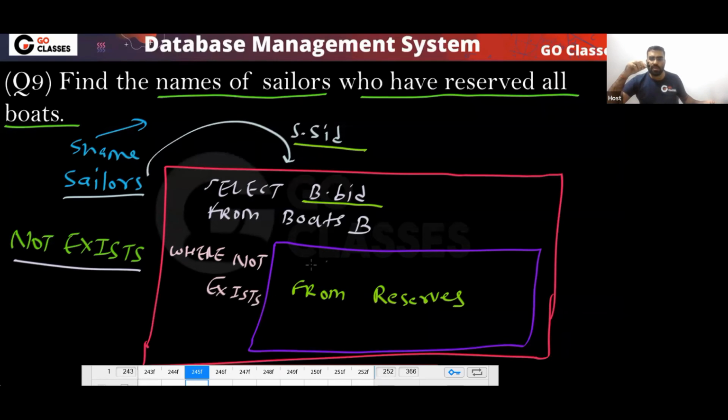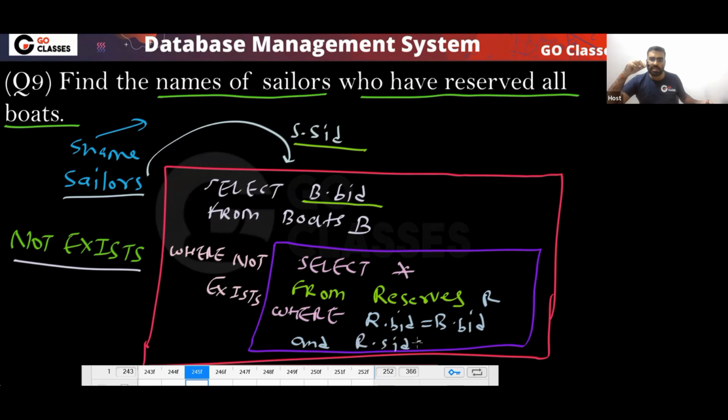Which type of record? From R, select star where R.BID is equal to B.BID and R.SID is equal to S.SID. That's it. So this is your query.